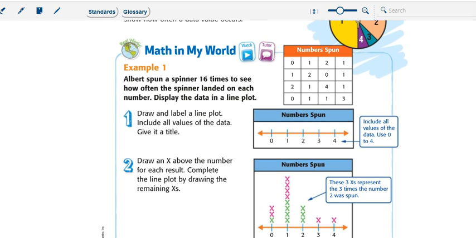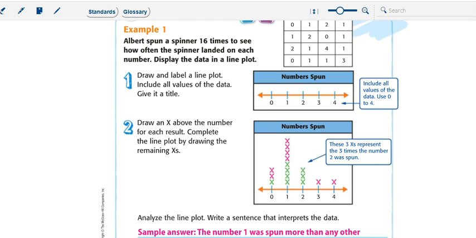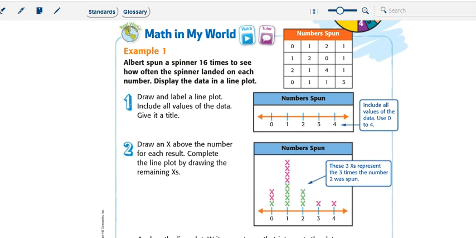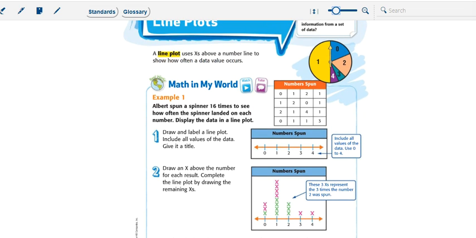Now, the first thing to draw a line plot is to draw a number line with the numbers in the bottom. Now, after that, you need to draw an X above the number for each result. Complete the line plot by drawing remaining X's. Now, to know how many X's you're going to draw over each number, you need to look at the results of the numbers, okay?